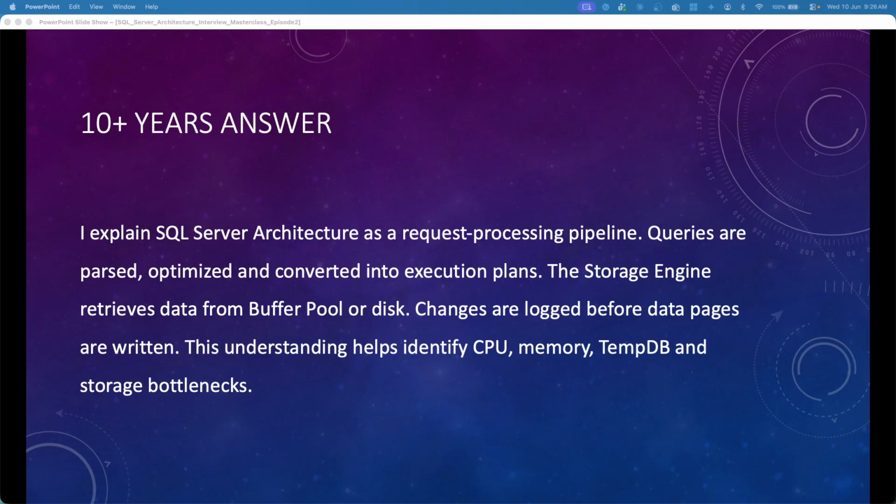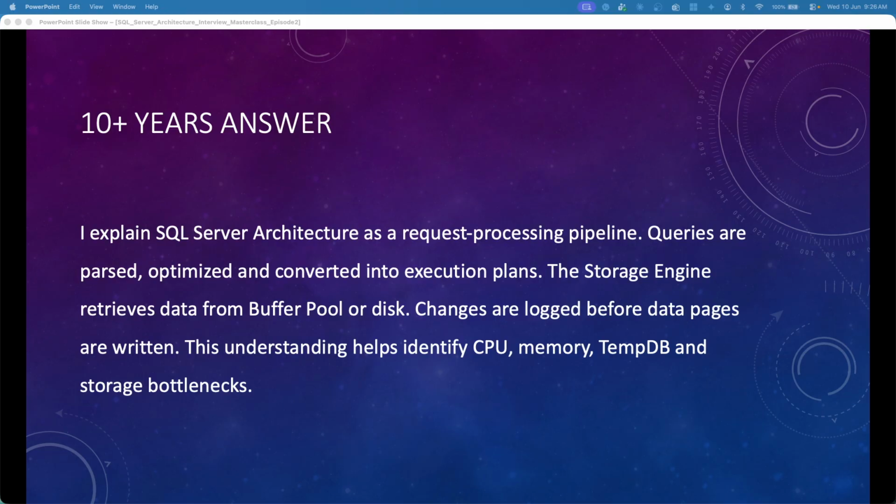I have seen many interviews, right? This is my personal experience. So don't overcomplicate it. The answer should be very clear, and you are not talking about the components, you are talking about the complete flow. Senior DBAs change the words and the flow a little bit, right?